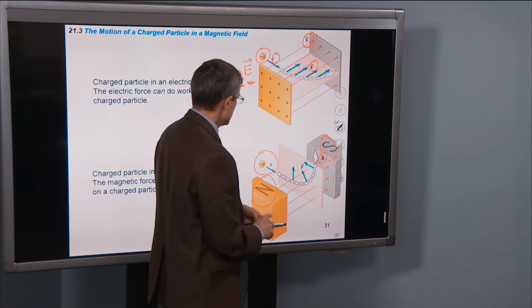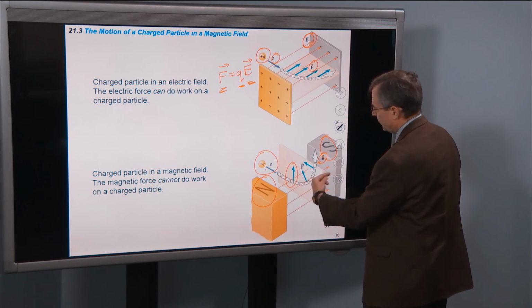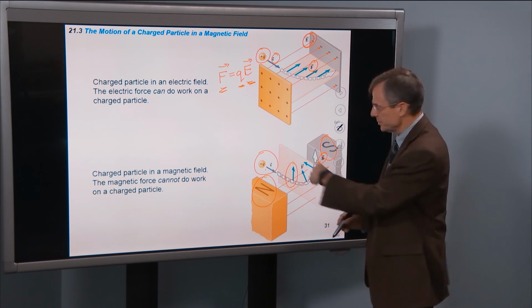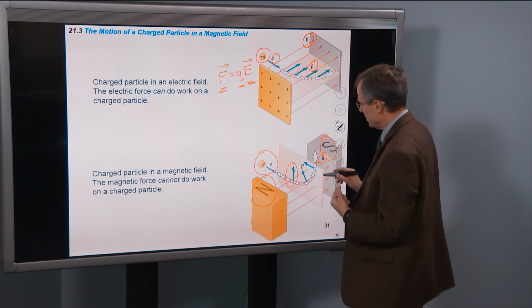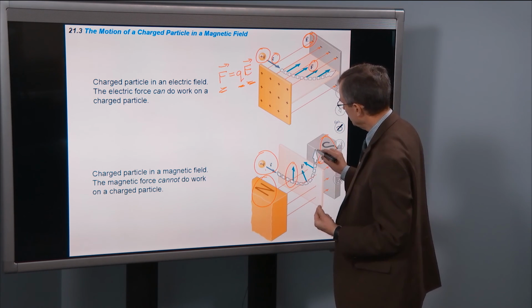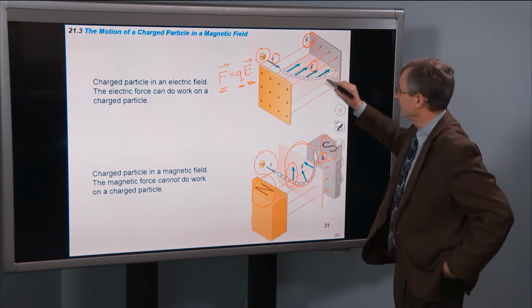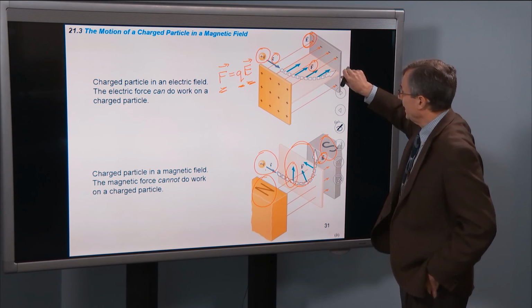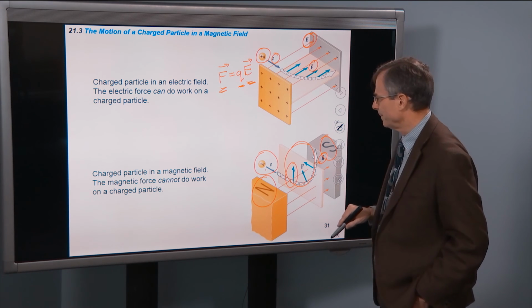And then the force is going to be up, and it's going to cause this charge to bend in a circle. As it turns out, if it stays within the field, it will continue to go in a circular pattern, whereas this guy won't. Eventually, this charge will be heading asymptotically in the direction of the electric field.